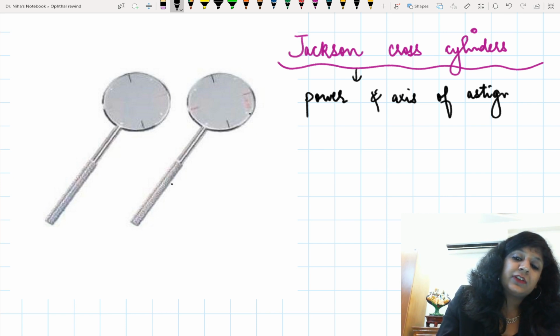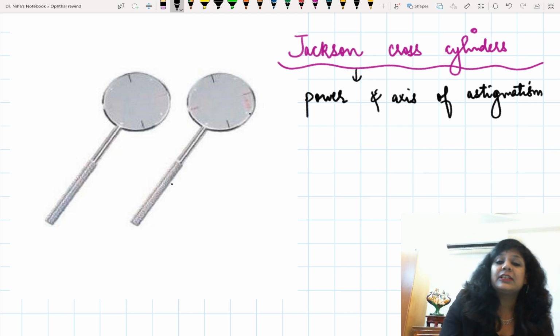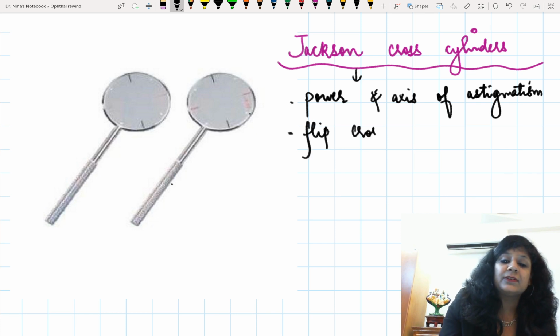So this is for the cylindrical correction when we want to do the exact refinement and calculate the exact power as well as axis of the cylindrical correction. This technique is called the flip cross technique.